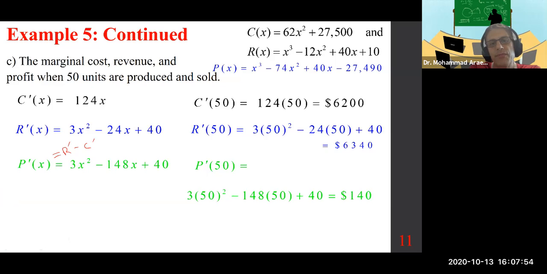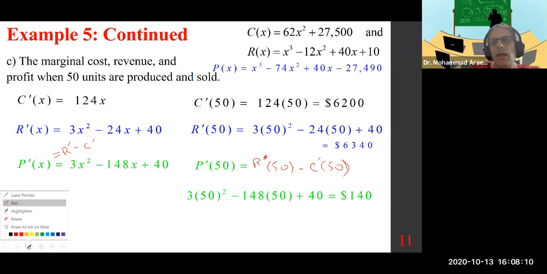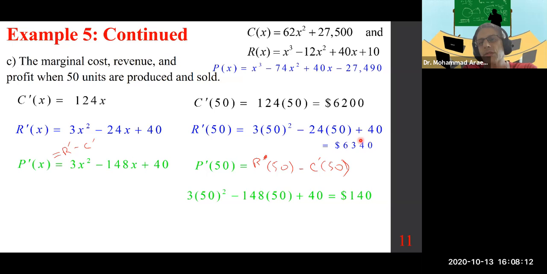What about P prime of 50? R prime of 50 minus C prime of 50. And that means 6340 minus 6200, giving you the same answer.